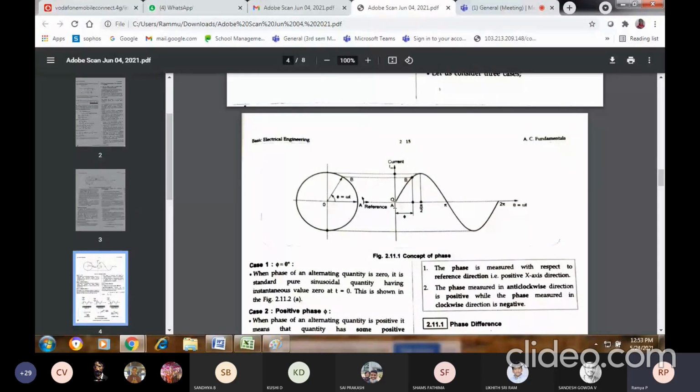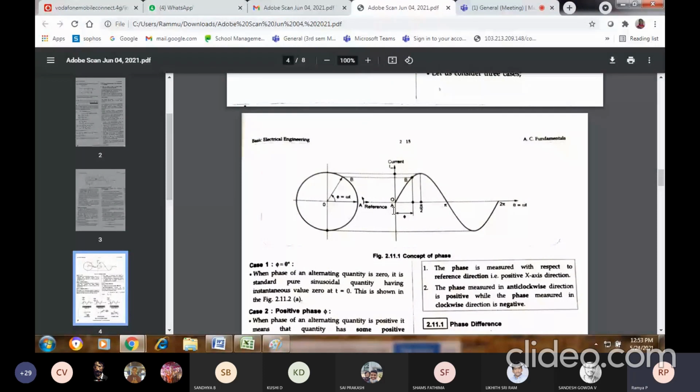Now let us consider the x-axis. This x-axis is one particular reference, in terms of theta, and the y-axis I am going to consider is my current. Now, I will take a different instance here.